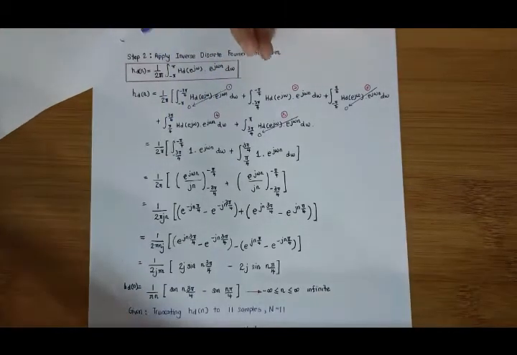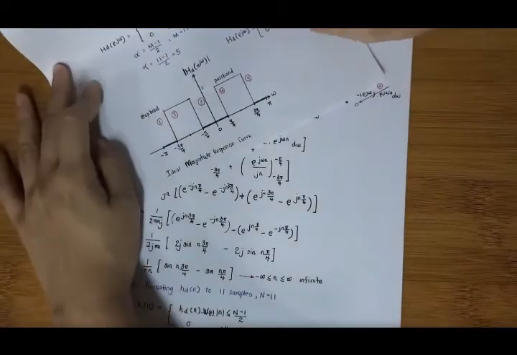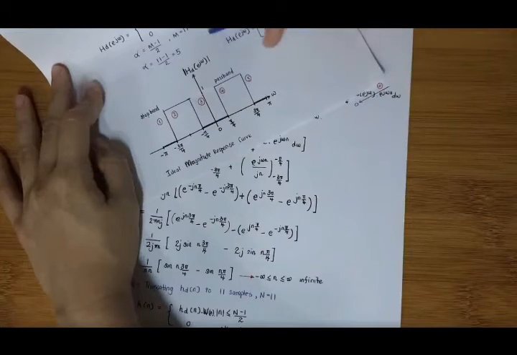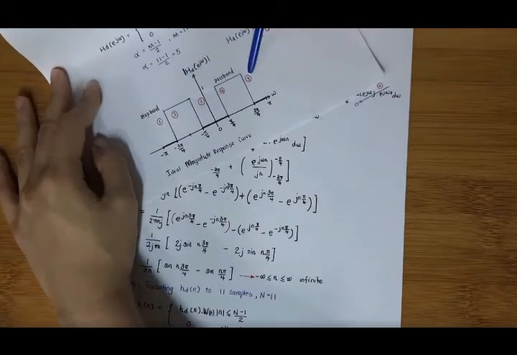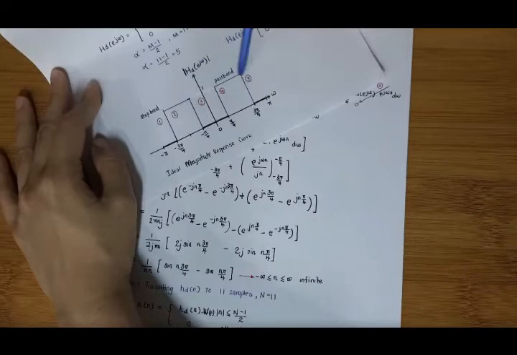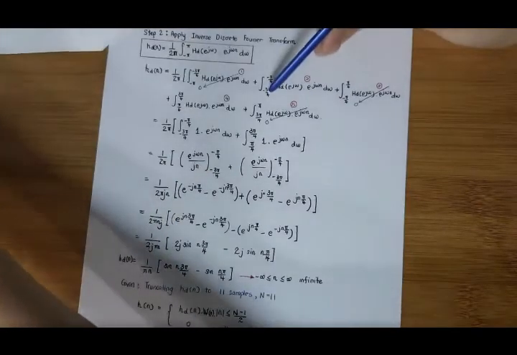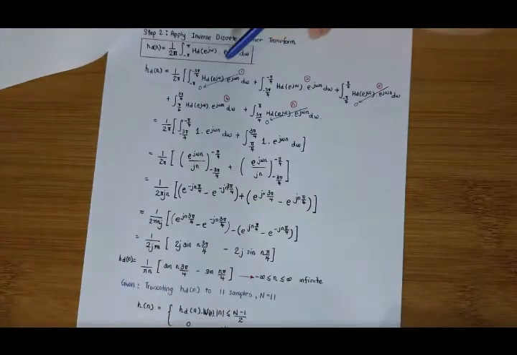From this diagram, previously, we know that parts 1, 3, and 5 are 0. So now we just have to calculate for part 2 and part 4.